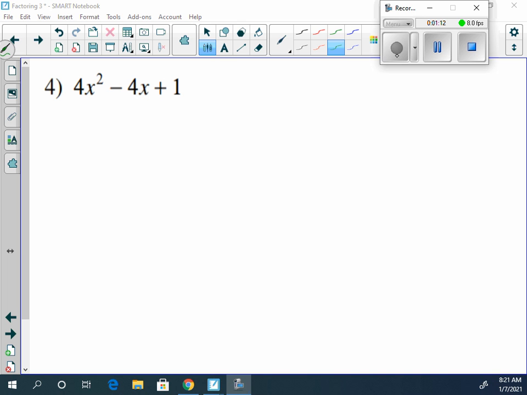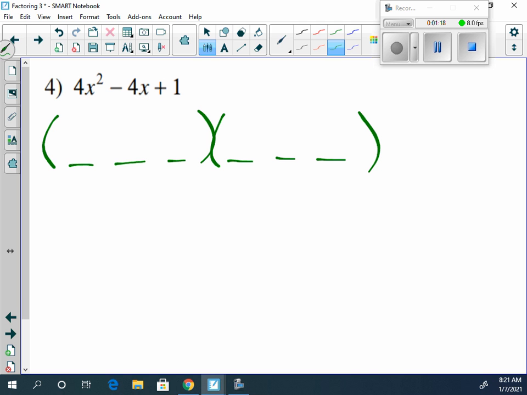So we'll move on to our second step, which is our 2 sets of parentheses with 3 spaces, like this here. Our third step is to find the signs, and since the third term is positive, the signs are the same and they match the sign of the middle term, which would be negative and negative.